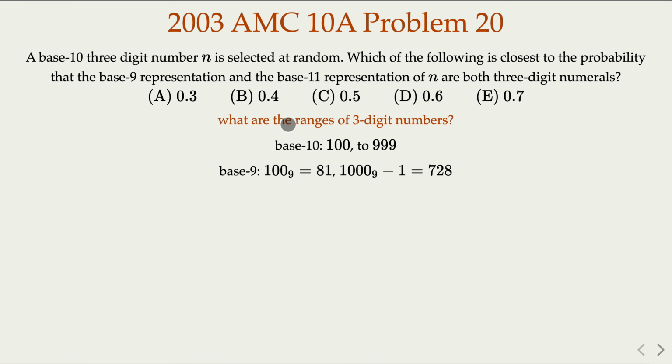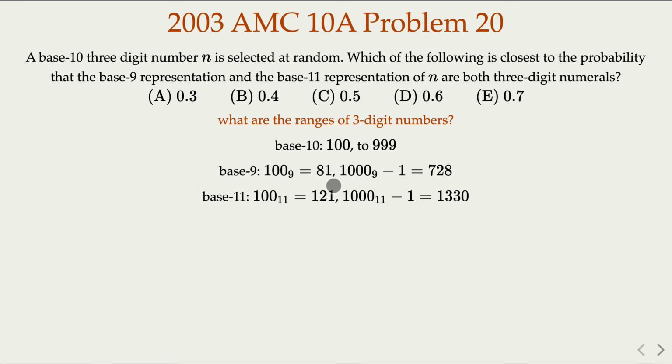In base 11, what is the range of 3-digit numbers? In base 11, 100 means 11 squared, which is 121, and 1000 minus 1 gives the largest 3-digit number, 1330.